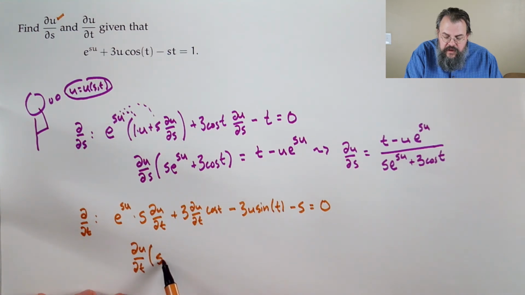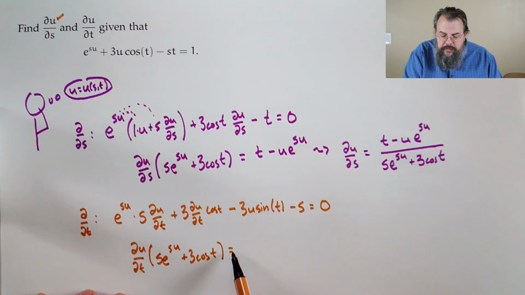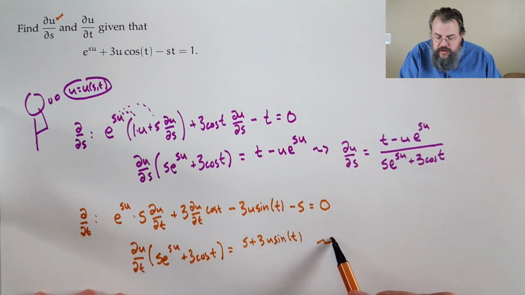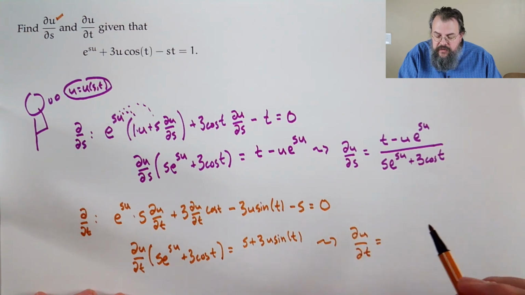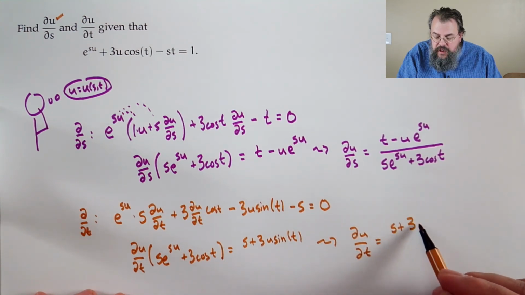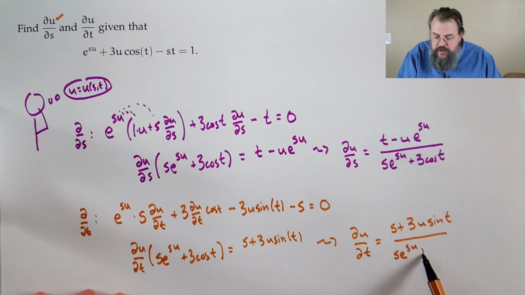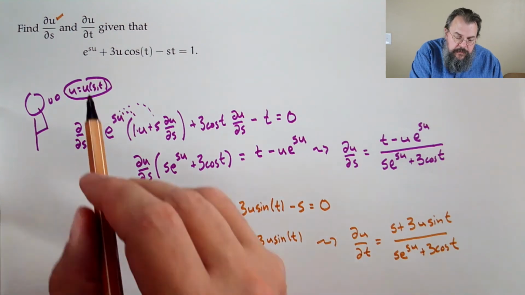We'll have s e to the s times u, plus 3 cosine t, and that's going to be equal to s plus 3u sine of t. So, we come to the conclusion, partial u, partial t is s plus 3u sine t, divided by s e to the s times u plus 3 cosine t. And good, we're done.